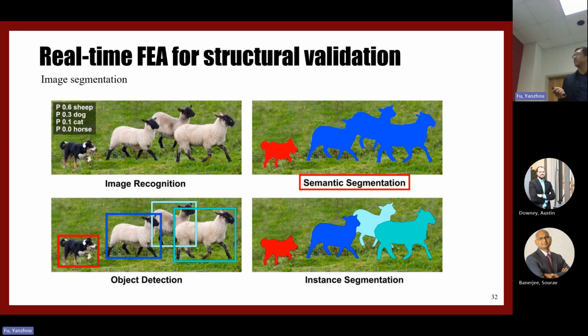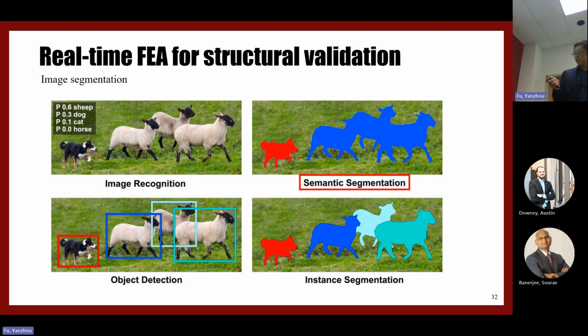The first one is semantic segmentation, and the second is instance segmentation. For semantic segmentation, multiple targets will be identified as one entity. But for instance segmentation, it will treat the same category as different categories.